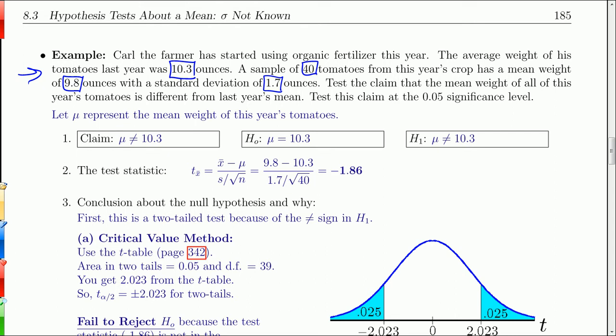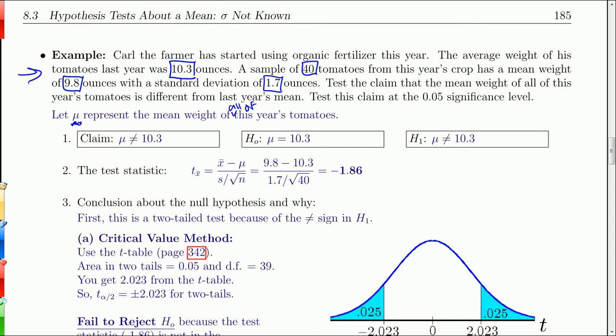So what that's saying, if mu is the mean weight of all of this year's tomatoes, to emphasize that this is a population mean, then we're saying that that mean is not equal to last year's mean, which was 10.3. This is important.